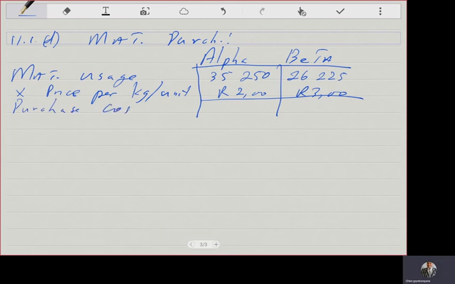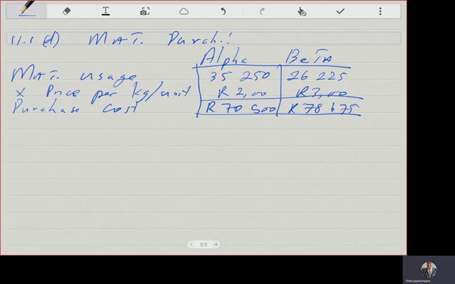Then you've got your purchase cost. We are on alpha, so our purchase cost is going to be 70,500. Then coming to beta is 78,675. Then you're done now with that budget. That's it.